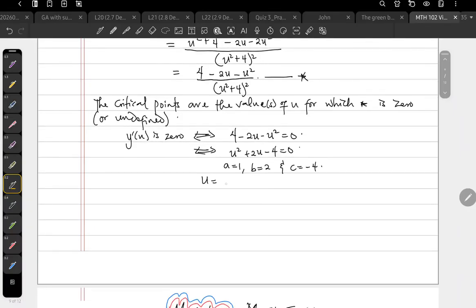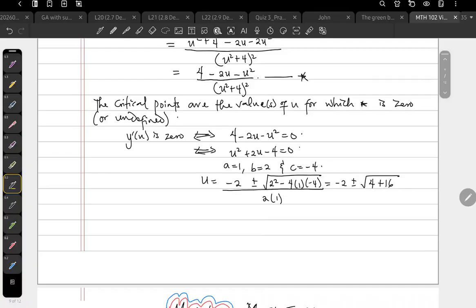The quadratic formula is negative b plus or minus the square root of b squared minus 4ac, all over 2a. So that is -2 plus or minus the square root of 4 plus 16, over 2.